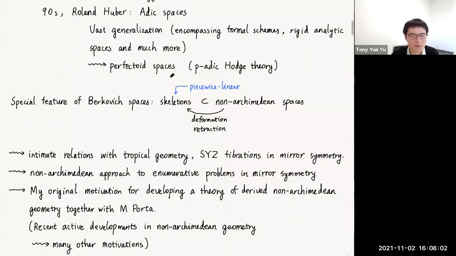And as I explained above, there are plenty of recent active developments in non-Archimedean geometry, and they provide many other motivations beyond enumerative geometry and mirror symmetry. Okay, so this is a brief history and motivations. Are there any questions at this point?